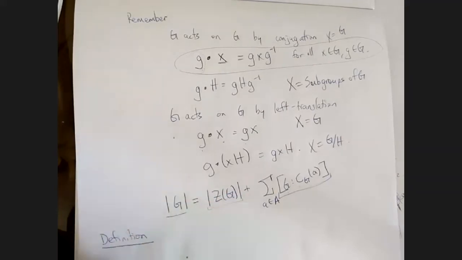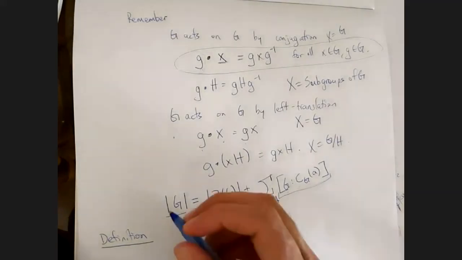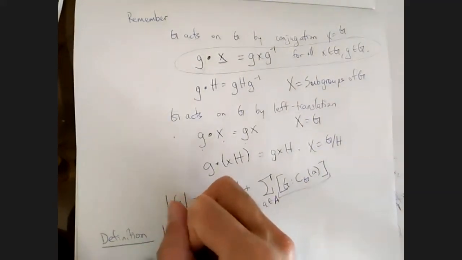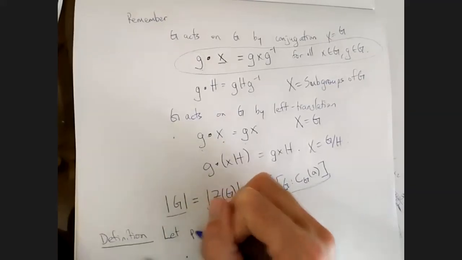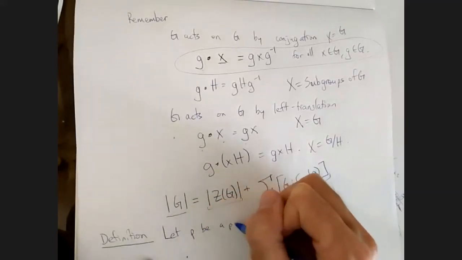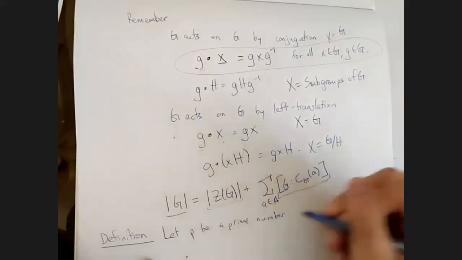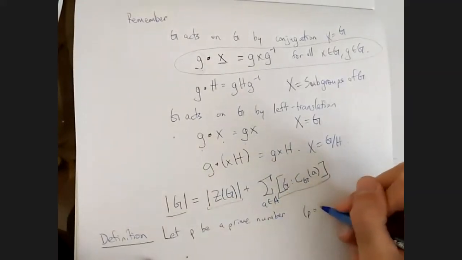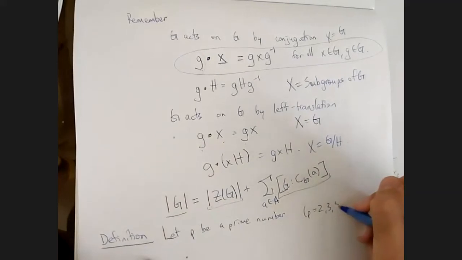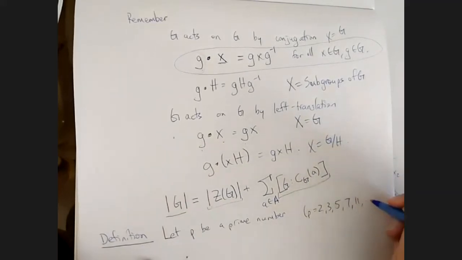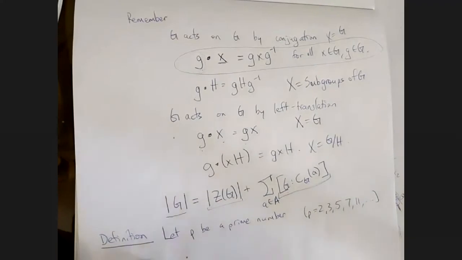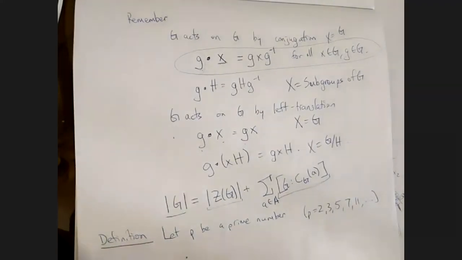And these types of groups are pretty special. Let me define what they are first. So let P be a prime number. So just to remind you, P could be 2, 3, 5, 7, 11, etc.